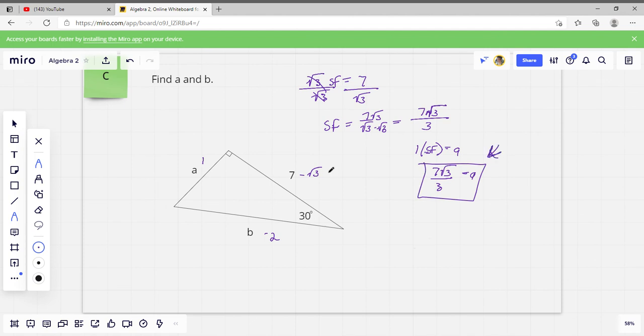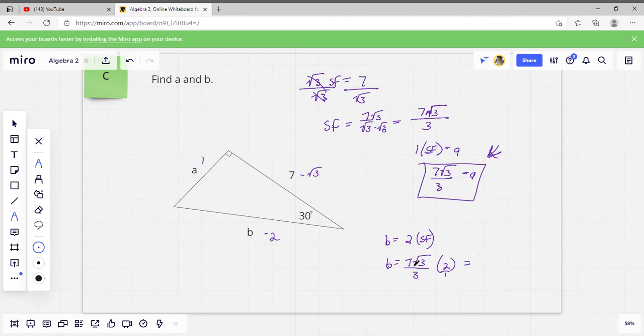B would be 2. So B equals 2 times our scale factor. B equals 7 times the square root of 3 over 3 times 2, which is 2 over 1.